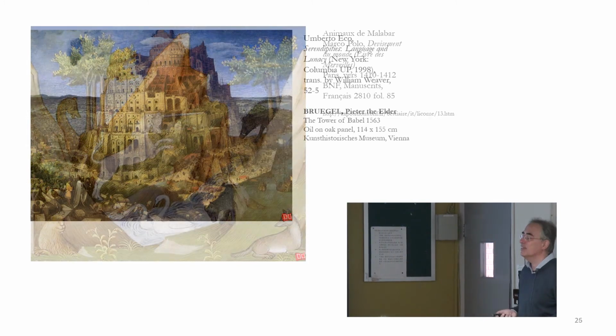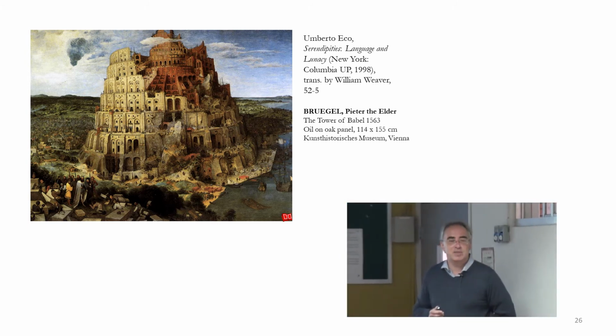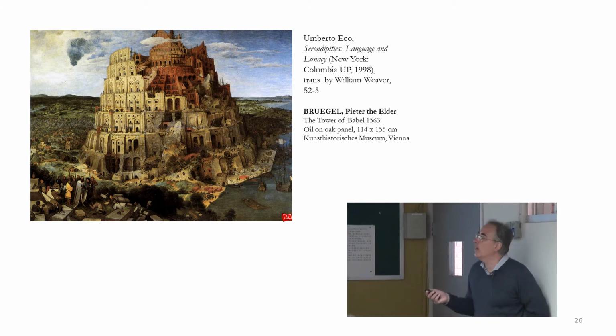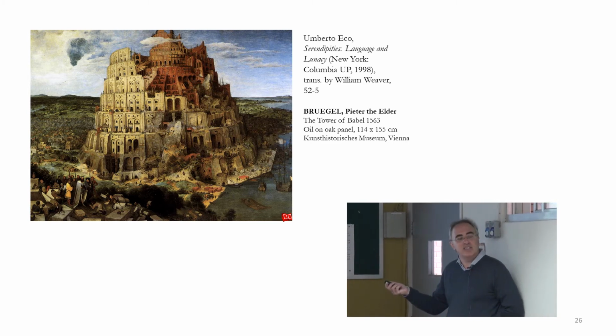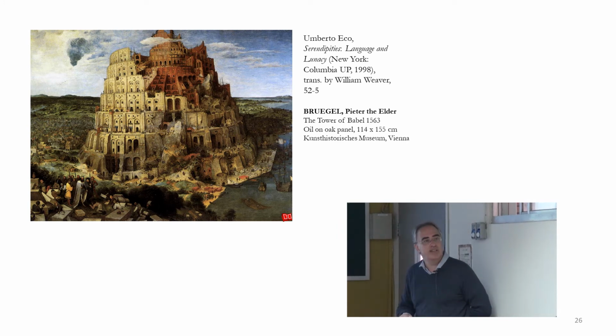Now let's find a better reader of all this unicorn lore, and this better reader is a man I love. His name is Umberto Eco. The passages that we will read together come from a book known as Serendipities: Language and Lunacy.